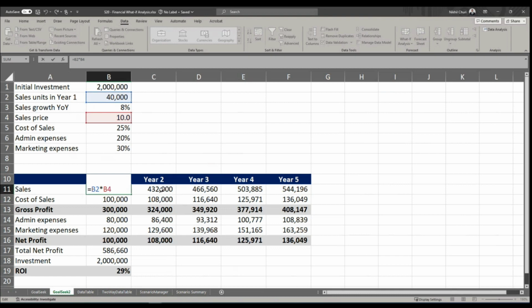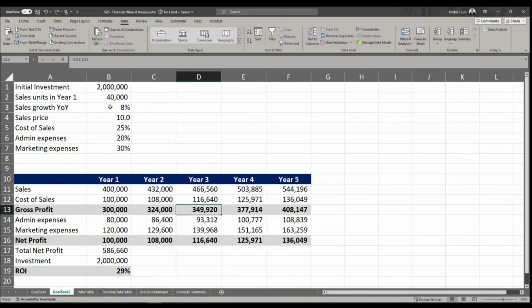Similarly for year two, I'm doing 1 plus the annual growth rate, increasing by 8%. The same thing over here, plus 8%. All these are based on the formulas I've used, so all these numbers you are seeing are interconnected.